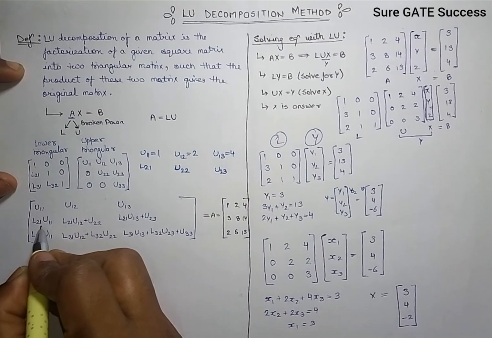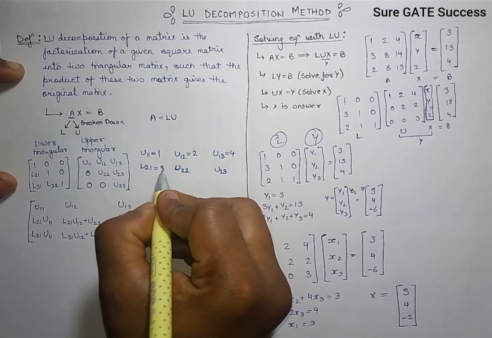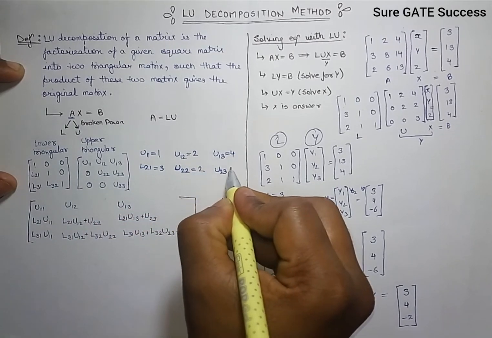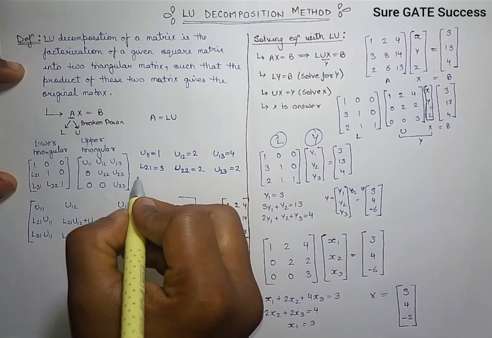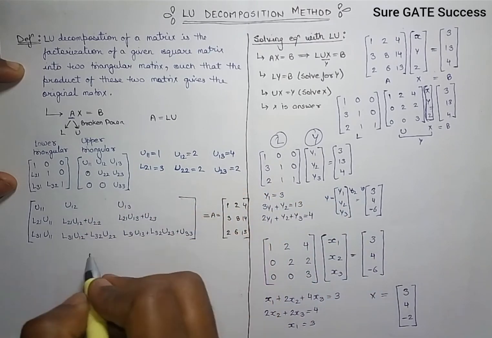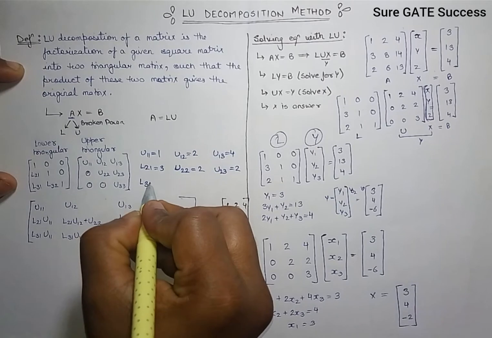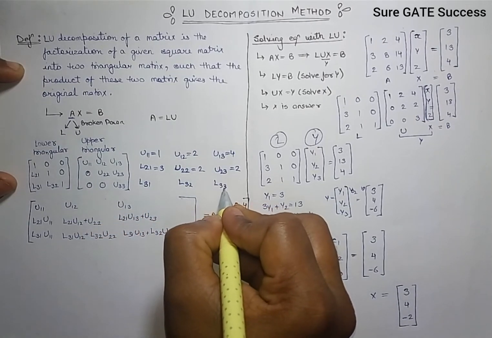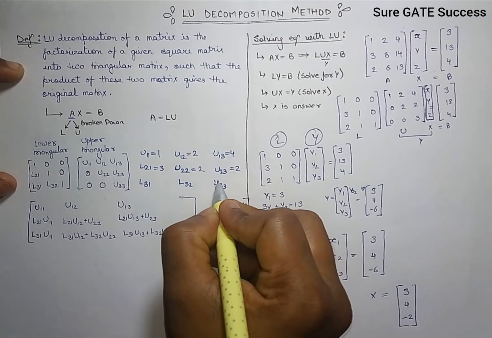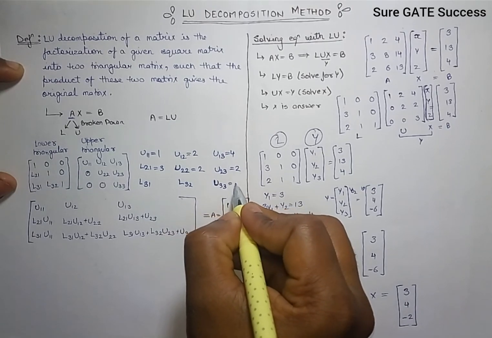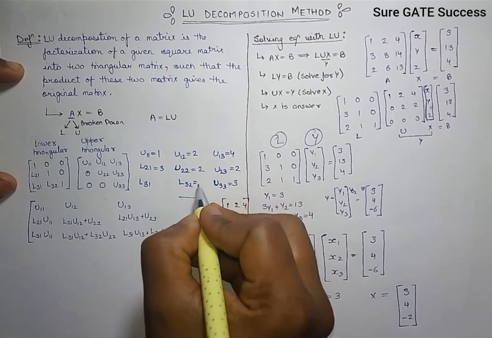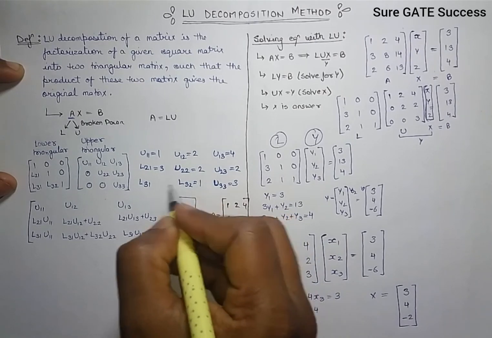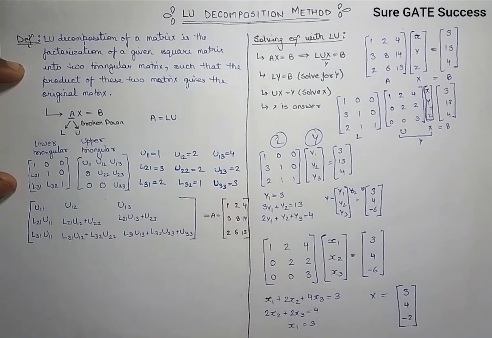The value of L21 will be 3, U22 will be 2 and U23 will be 2. If you put these values in the third row, it will give the values of L31, L32 and U33. The value will be 3 for U33, L32 will be 1 and L31 will be 2.